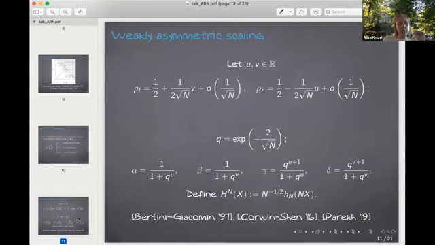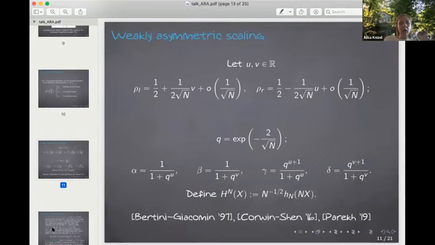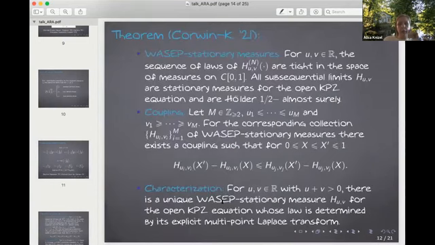So this is the scaling that they use, and now I will present our main result with Ivan Corwin.